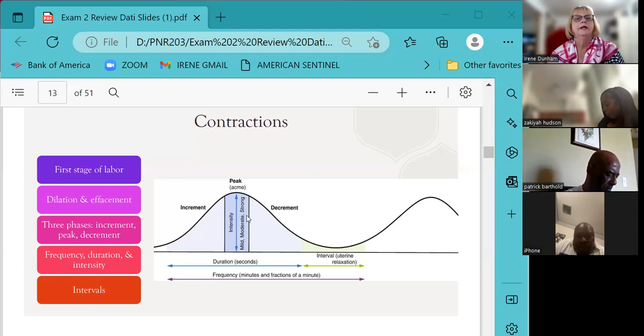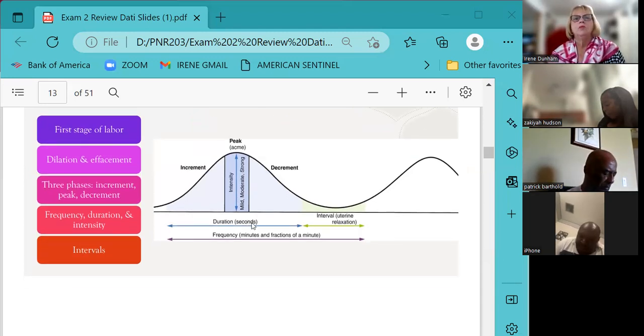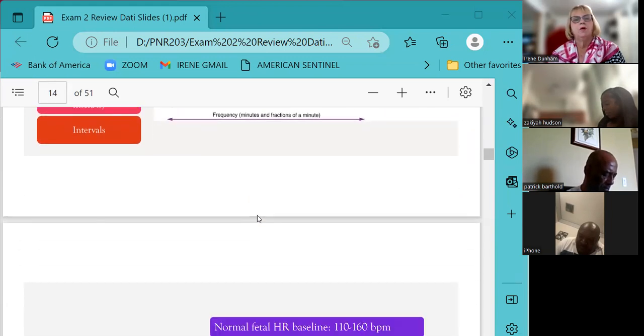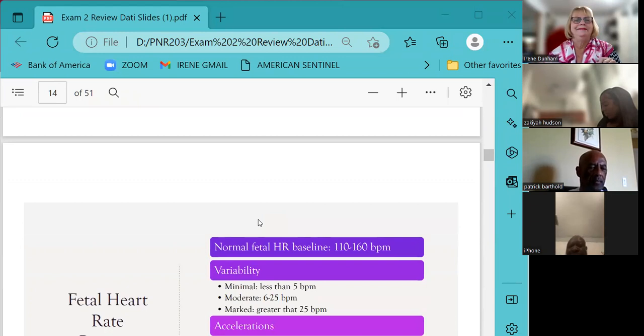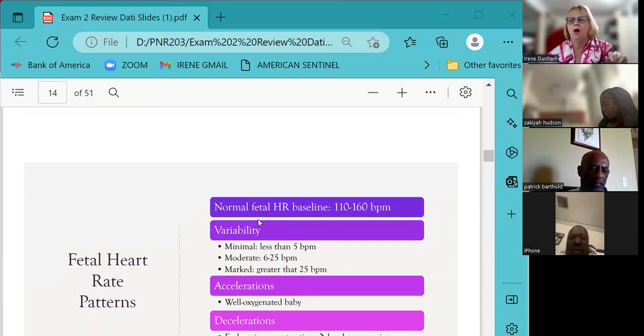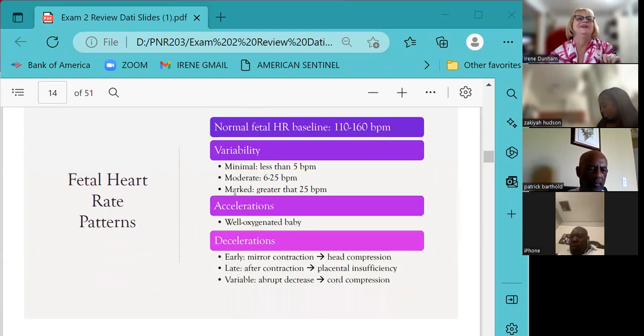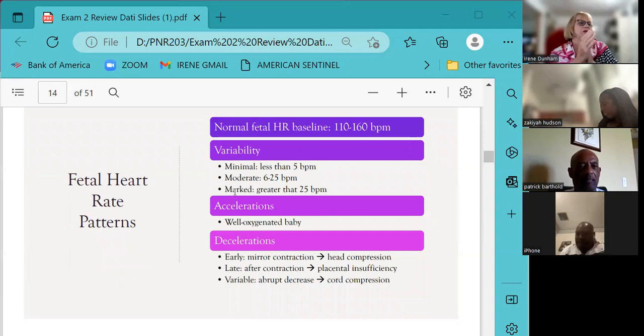That's why whoever's in the room as the support person, you rub her back, you rub her shoulders, and you keep her really relaxed, okay? And if she says, I want water, I want ice chips, are you going to feed her ice chips? Yes. Okay. So now we're going to talk about our little guy inside.